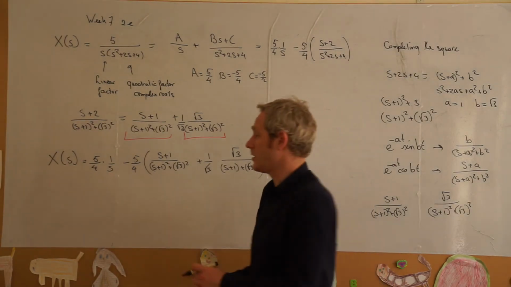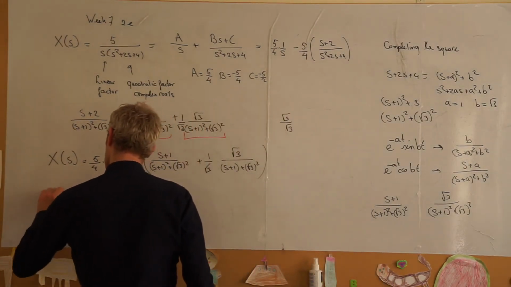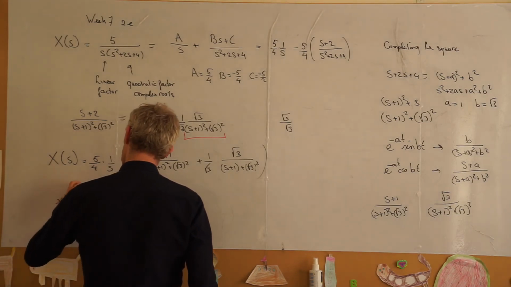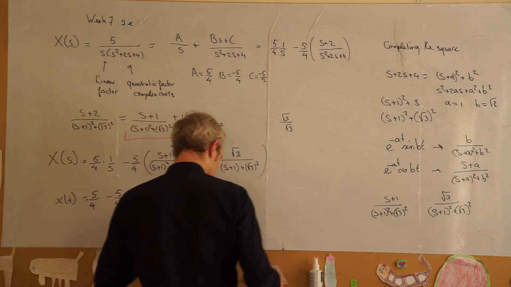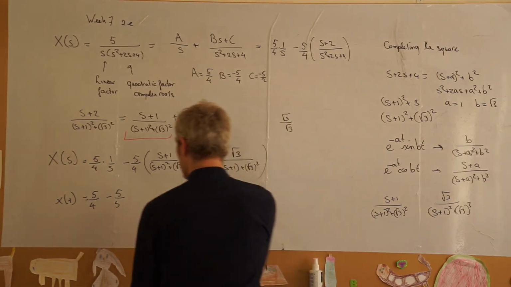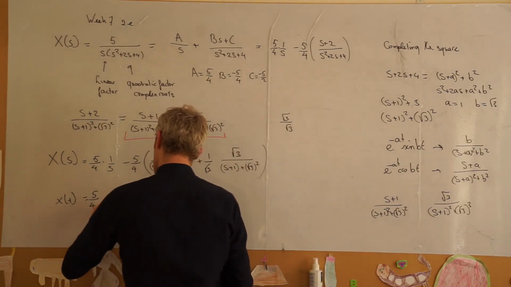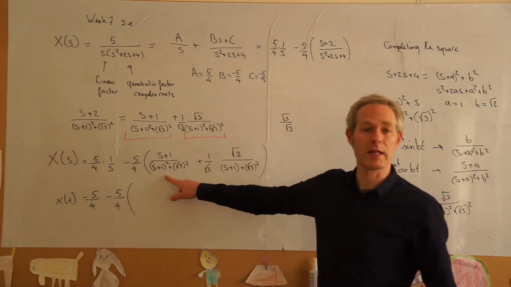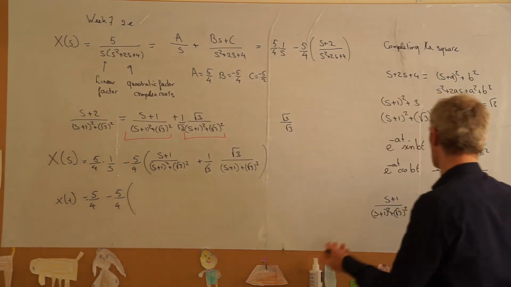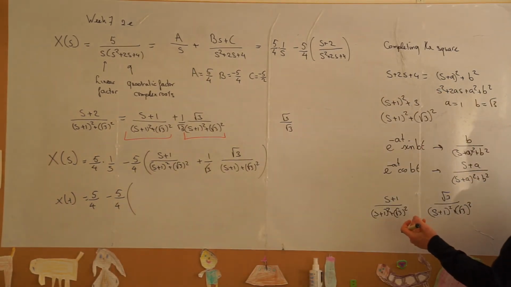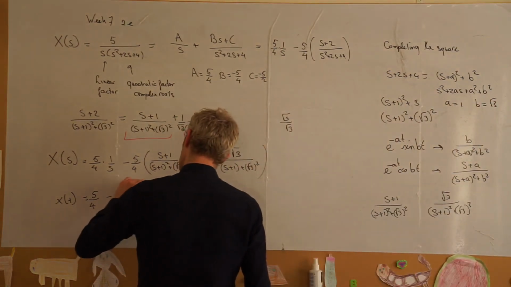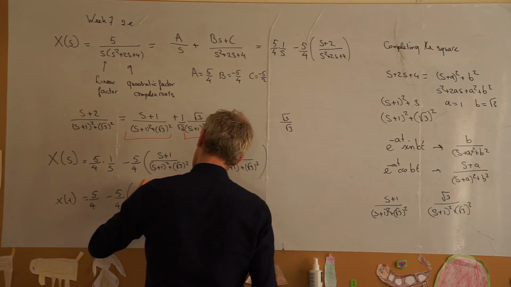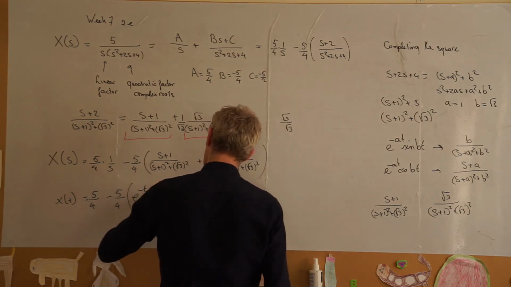So 1 over s just becomes 1. So x of t is 5 over 4 minus 5 over 4 times the inverse Laplace transform of this one, but we know already which one that is. That is e to the power of minus t cosine of square root of 3 times t.